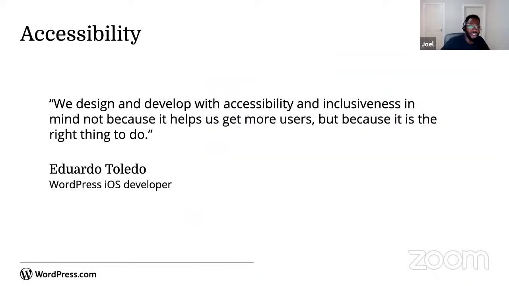When it comes to creating apps, the WordPress mobile team is committed to our apps being fully accessible. We have support for larger fonts, screen readers, and we follow industry best practices to make sure our apps meet all accessibility standards.